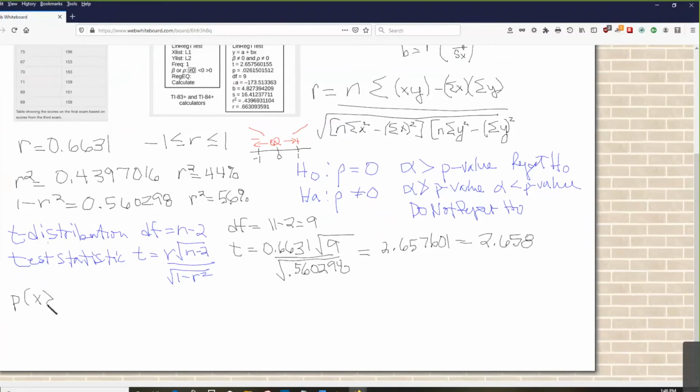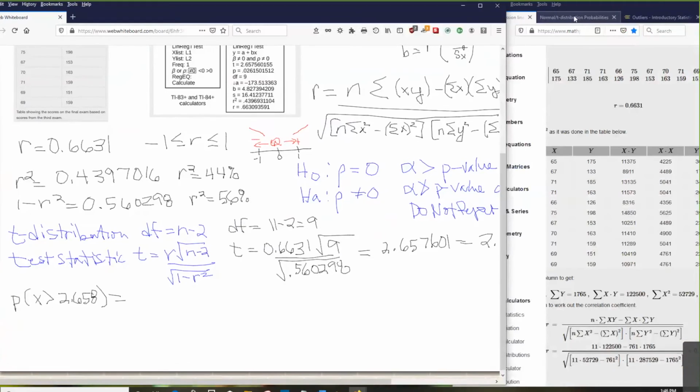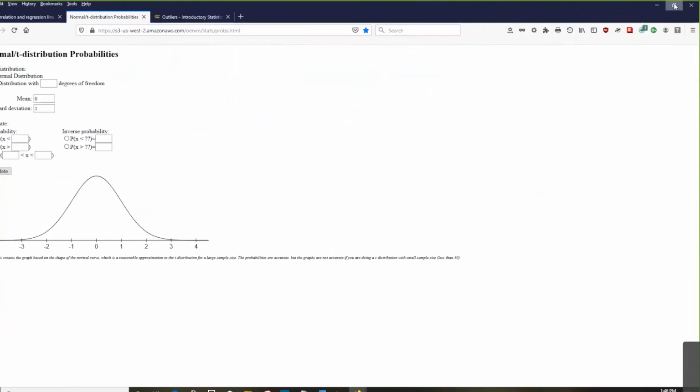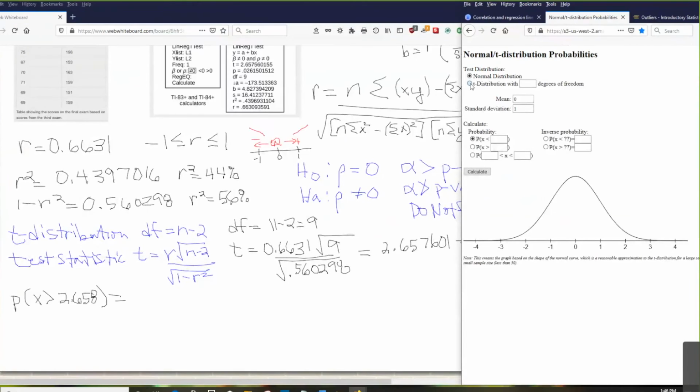Okay, so now I'm going to want to find my p-value where x is greater than my t statistic, which is 2.658. So I'm going to plug that into the t distribution calculator, which we've used before. We're doing the t distribution with 9 degrees of freedom, and the probability that x is greater than 2.658.